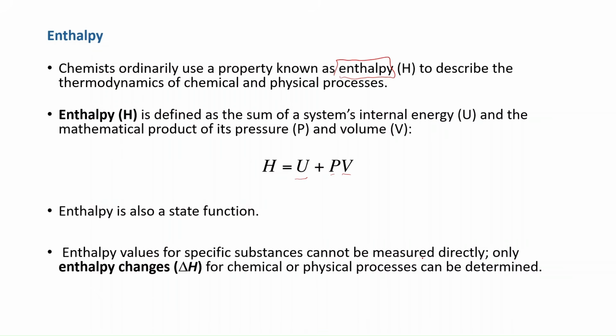The only thing you can measure is change in enthalpy. But you do have the definition of enthalpy. It is a state function because, again, it does not depend on how you get there. It depends on the state you are in. This is going to be important when we try to calculate enthalpy changes. But keep in mind the really important, useful term is enthalpy change. Enthalpy is represented with an H, and delta H, obviously, is the change in enthalpy.